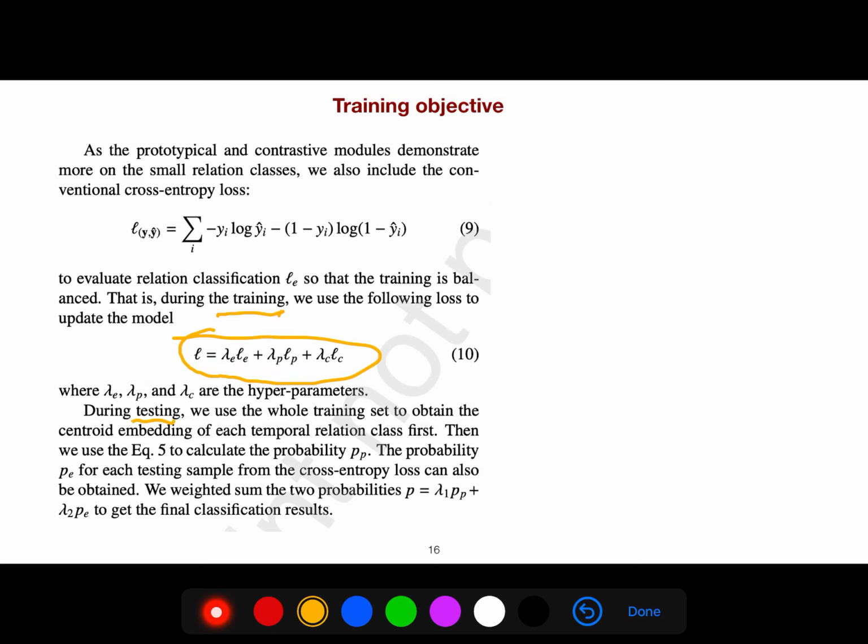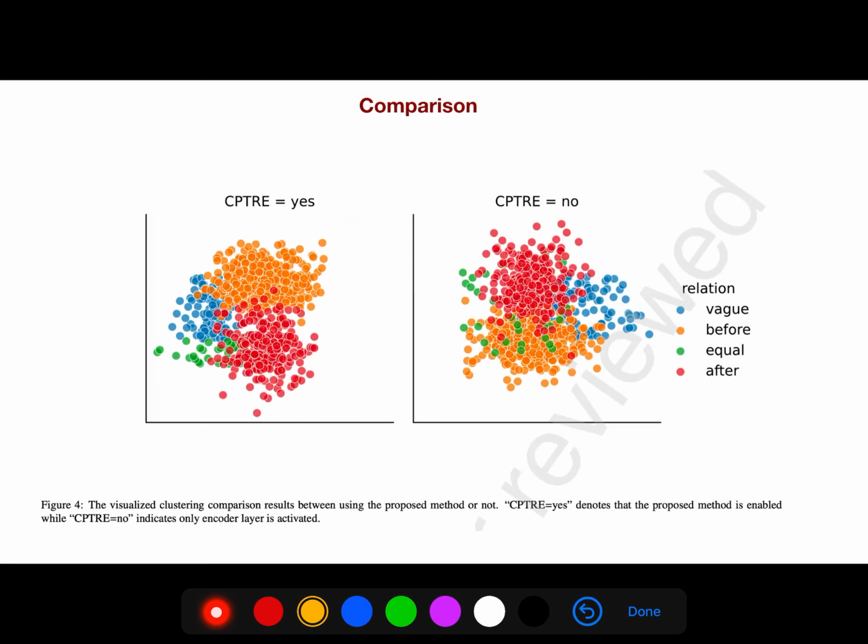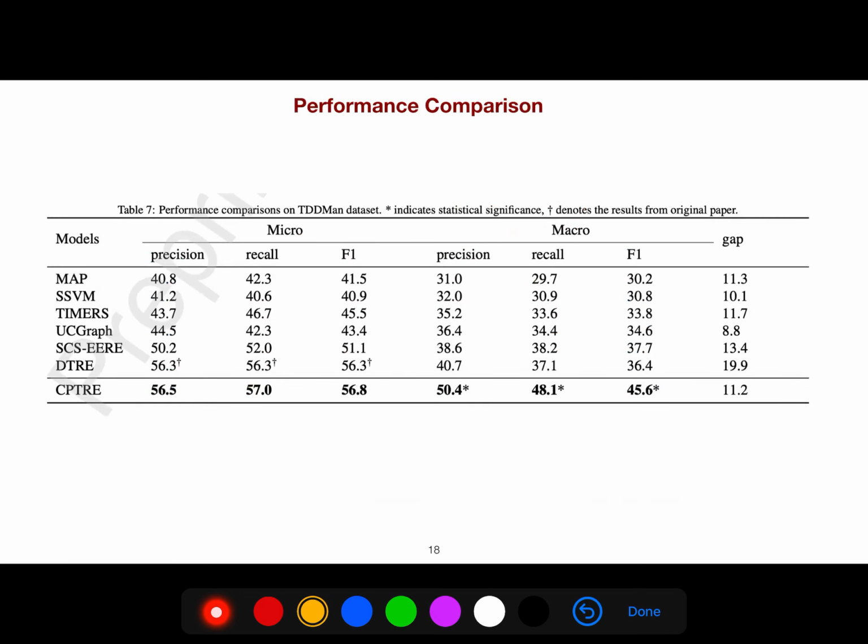And during testing at inference, we use the whole training set to obtain the centroid embeddings for each temporal relation class. This is the visualized clustering comparison between using the proposed method or not, and this denotes that the proposed method is enabled. And you see the performance with measures. We always use precision, recall, and F1 score for both micro and macro, because micro is more conservative, but macro could be more realistic.